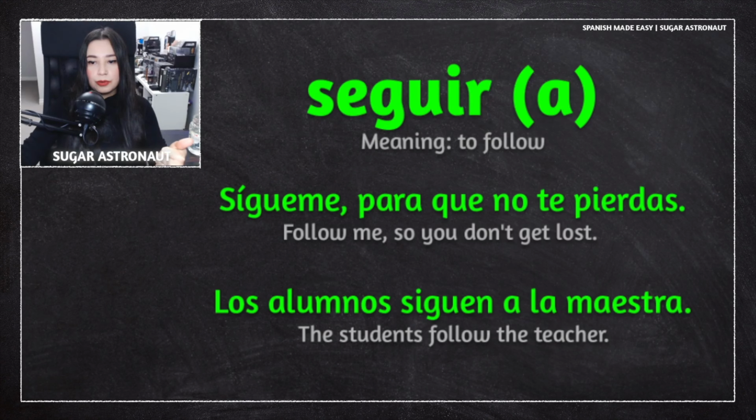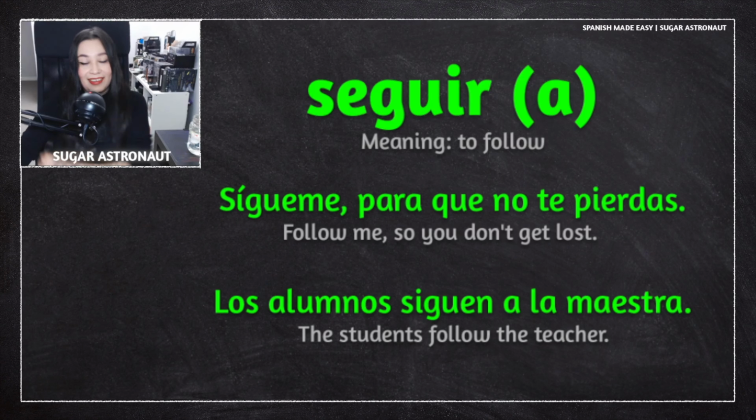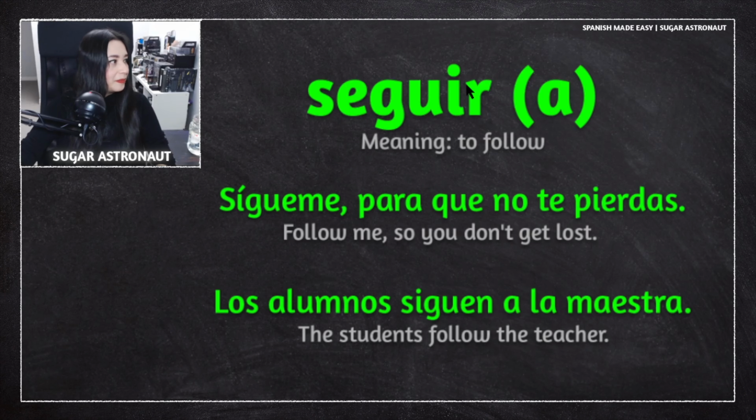It is an irregular verb, so it means it has its own conjugation. There's quite a few irregularities, so this is one of the verbs that you have to kind of memorize the conjugation, because it doesn't follow the grammatical rules. Oh man, that's crazy. Okay.